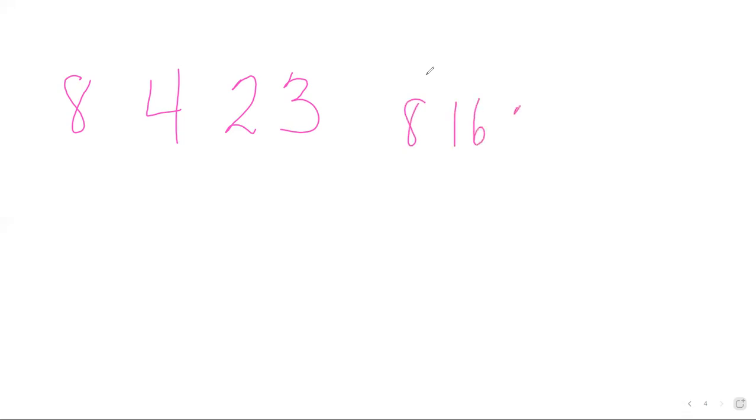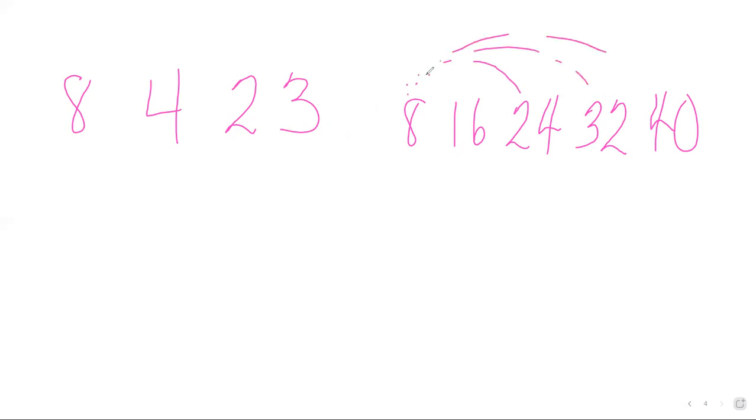These are called multiples. And these are all the numbers that, shall we say, 8 times 1 is 8, 8 times 2 is 16, 8 times 3 would be 24, times 4, 32, times 5, 40.